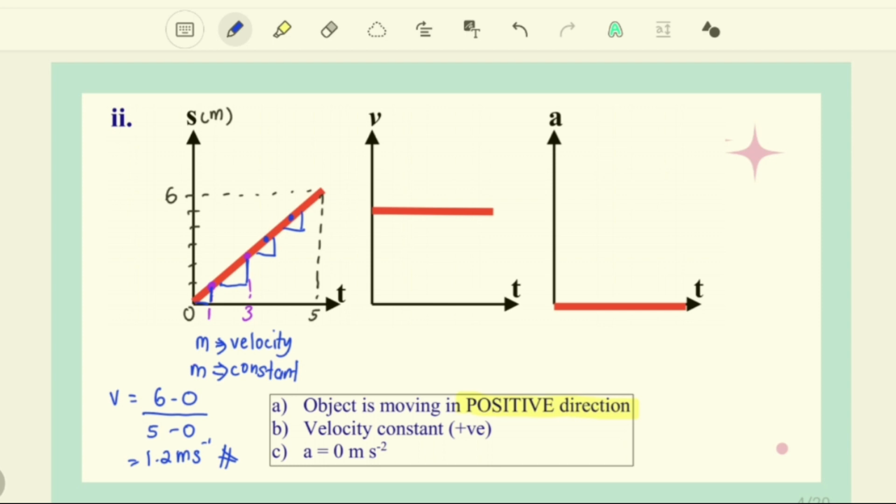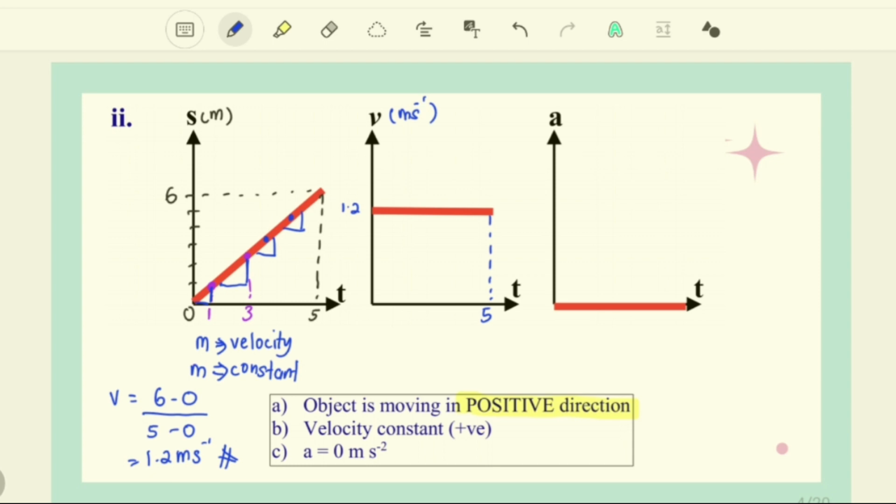After the calculation, the velocity in 5 seconds is constant. Dia tidak memecut. Dia bergerak dengan constant velocity. So this one is in 5 seconds, and the reading here is 1.2.